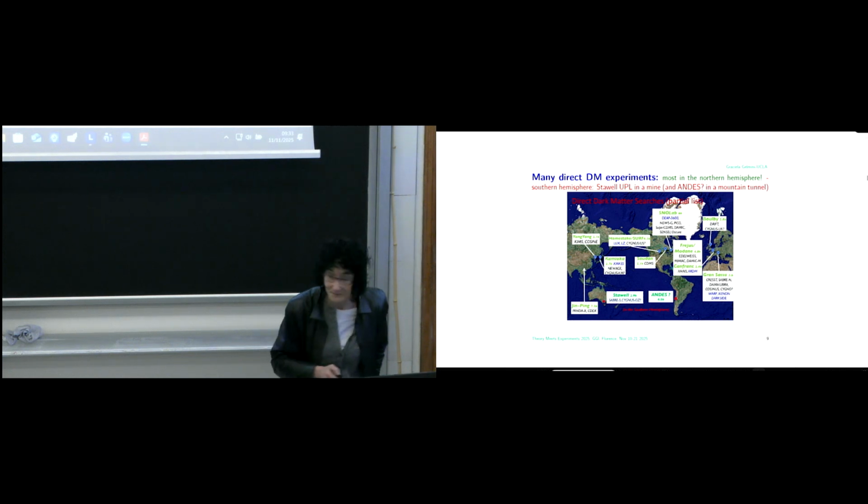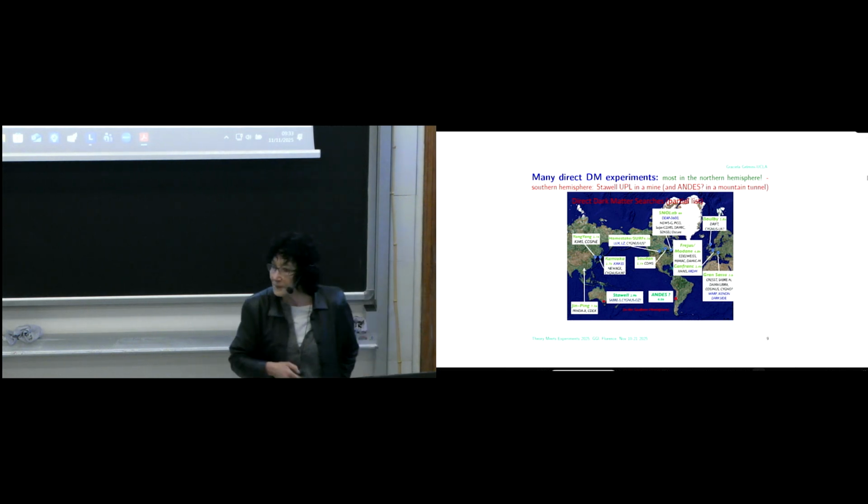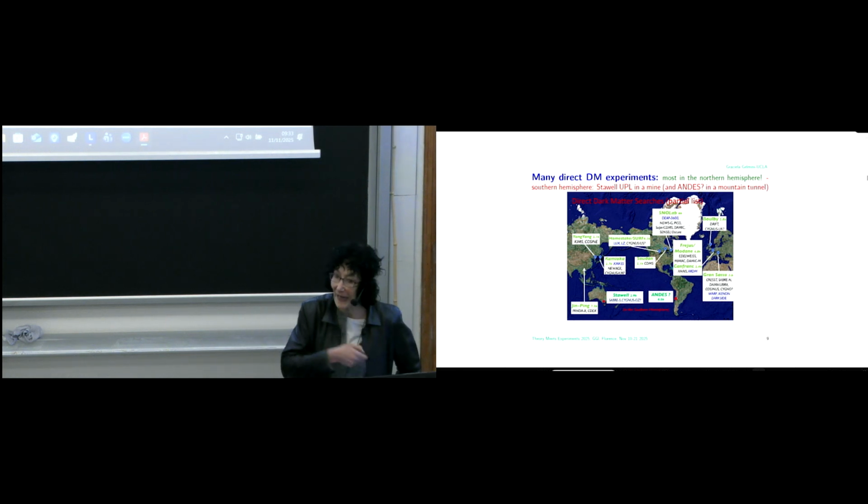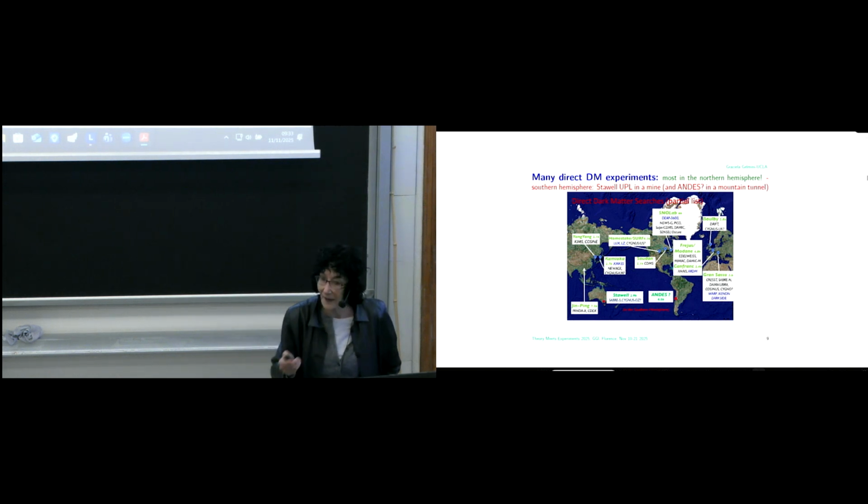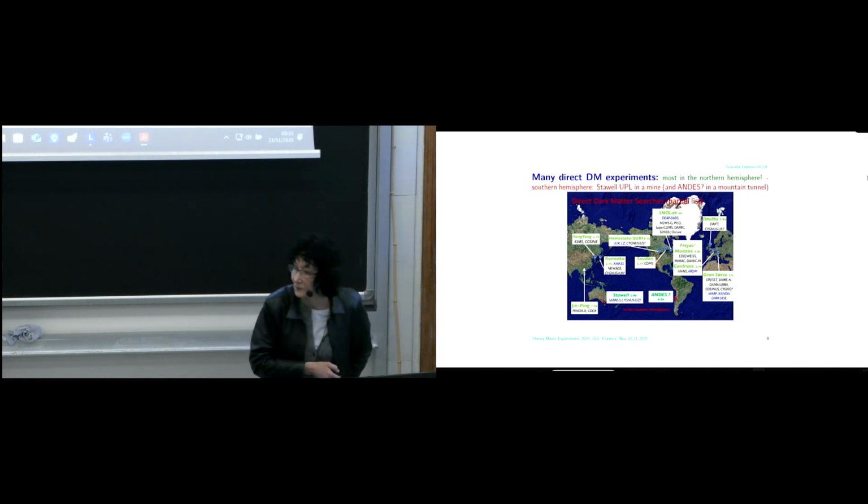In any case, it would be very nice to have the same annual modulation observed in a place, the southern hemisphere, in which the correlation between summer and maximum number of events is the opposite, right? It will be a very interesting thing to be able to do. In any case, this is Stawell mine, but this is very small actually. You cannot do much there.